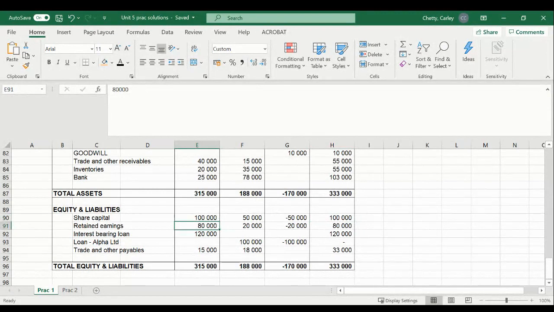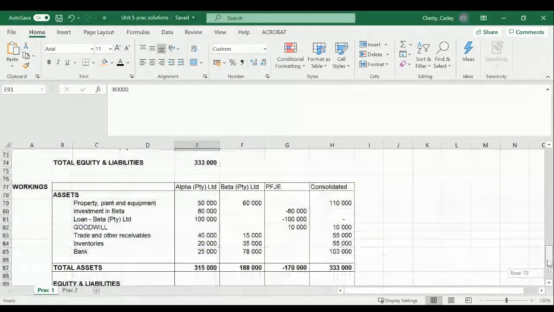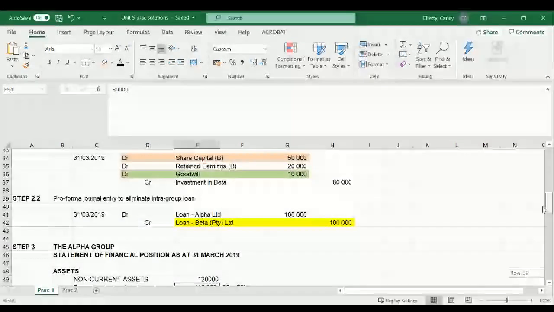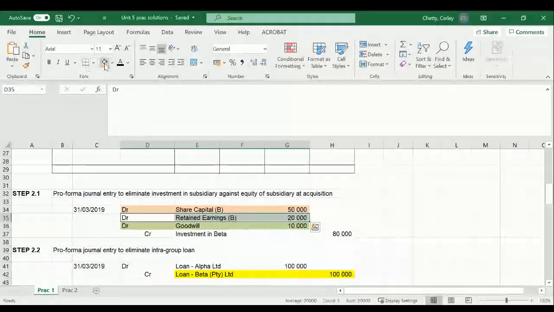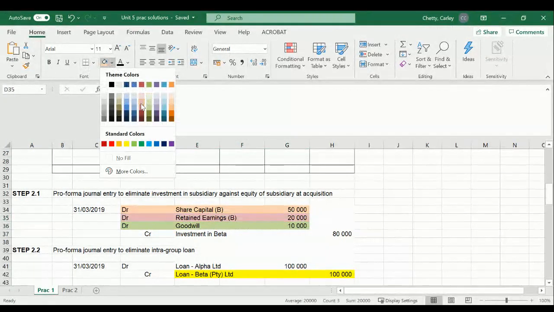And it's the same with retained earnings. Okay, so in retained earnings, we had 80,000 Rand in alpha's separate financial statements, and in beta's separate financial statements, beta has retained earnings of 20,000 Rand. But then remember, we processed the pro forma journal entries previously, and we eliminated the retained earnings in beta of 20,000 Rand.